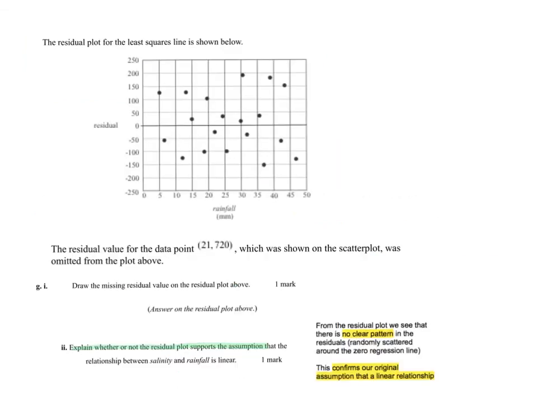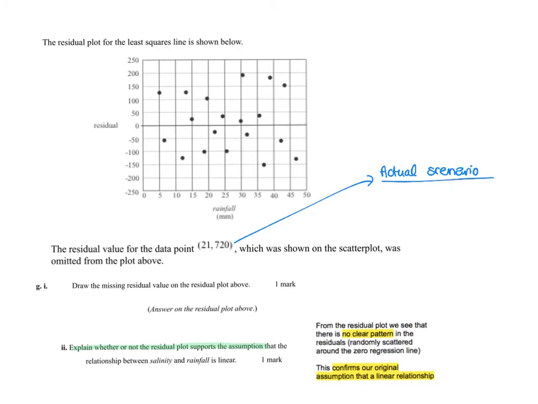Okay, the residual plot for the least squares line is shown below. The residual value for the data point 21, 720, which was shown on the scatter plot, was omitted from the plot above. So what they've actually given you, they've given you the actual scenario.